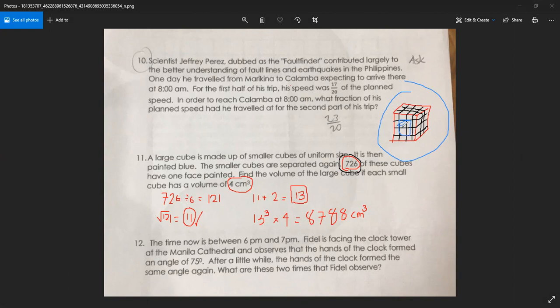It has only one face that's being painted. So we divide that by 6 to get 121, meaning the area of this part is 121. The area of this part is also 121. The area of this part is also 121. So what we need to do here is to get the measurement of this part.